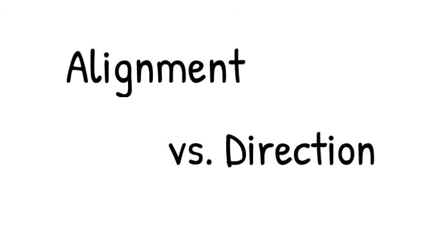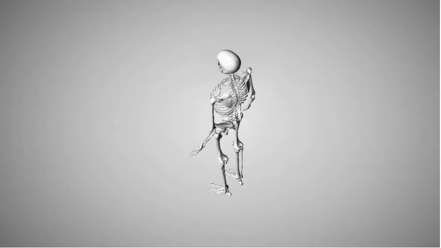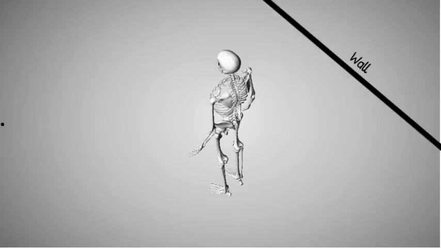Lastly, we need to talk about the difference between alignments and directions. The directions, as we've already covered, are those points related to where we are in the room and our chosen line of dance. Alignments have another relational component, and to show that, I'm going to need my friend Skeleton Fred. Hey Skeleton Fred, where are you? Oh, there's a wall.